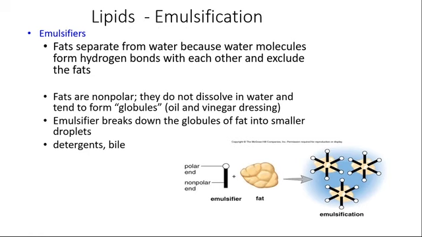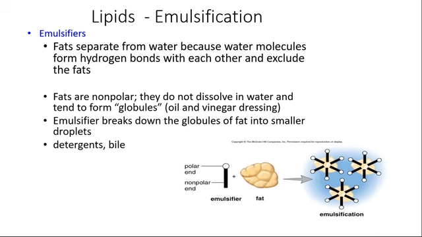Now let's come to some of the properties of fats and different types of fats in foods. If you take water and add oil, the oil will float and the water will be at the bottom.